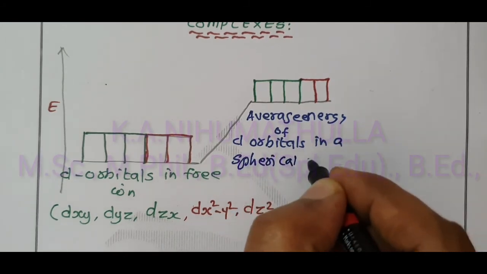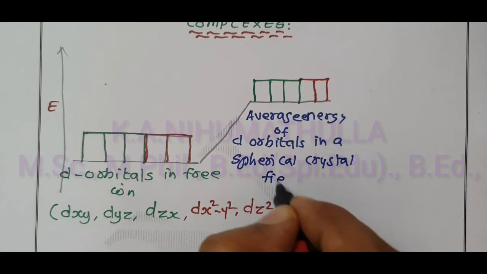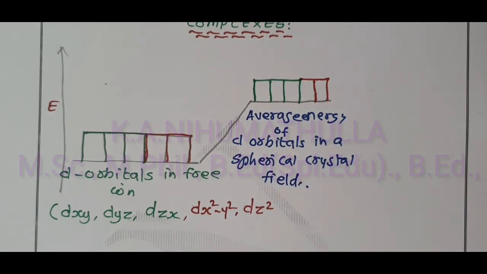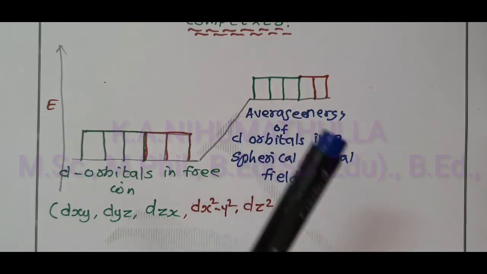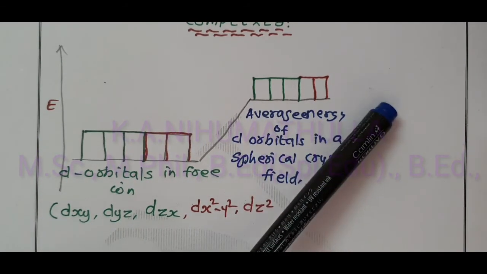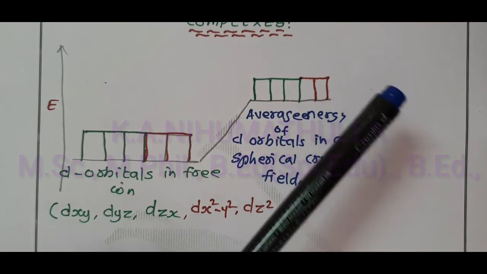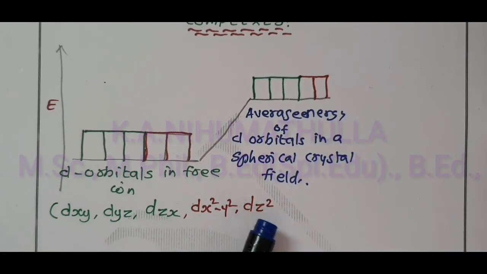Which field? Spherical crystal field. Now only splitting takes place. This splitting is just opposite to the splitting in octahedral complexes. In octahedral complexes, dx squared minus y squared and dz squared are present along the axis.